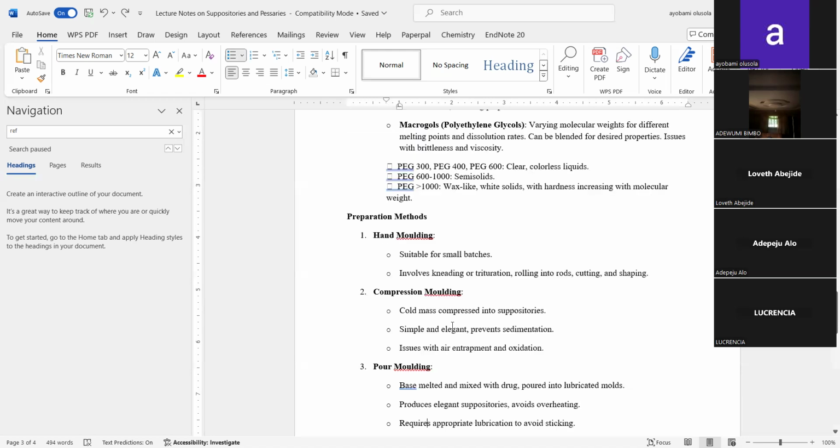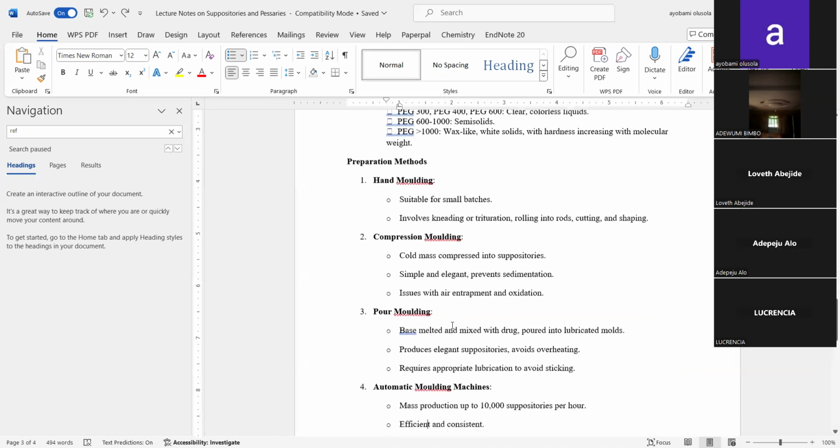So how do you prepare your suppositories? One, you can use hand molding. You just triturate and mold with your hand. Another one is compression molding. Then we can also use pour molding.